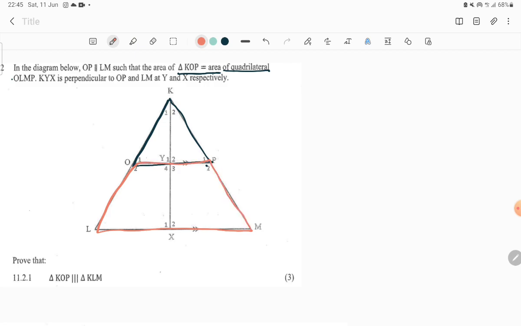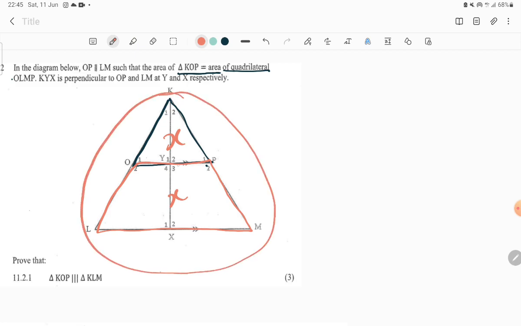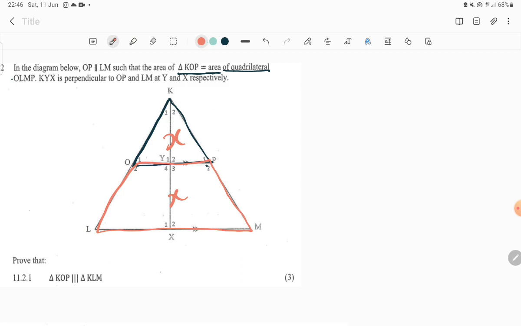So that means if the area of this is x and the area of this is x, that means the area of the entire shape is equal to 2x. That's what it means.